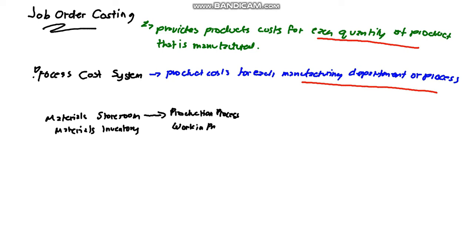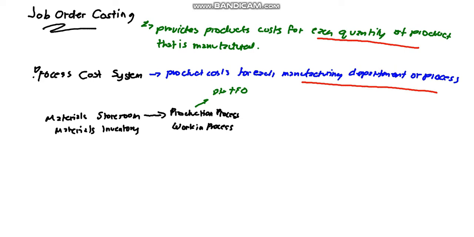At this time, direct labor and factory overhead are being added to the materials inventory.